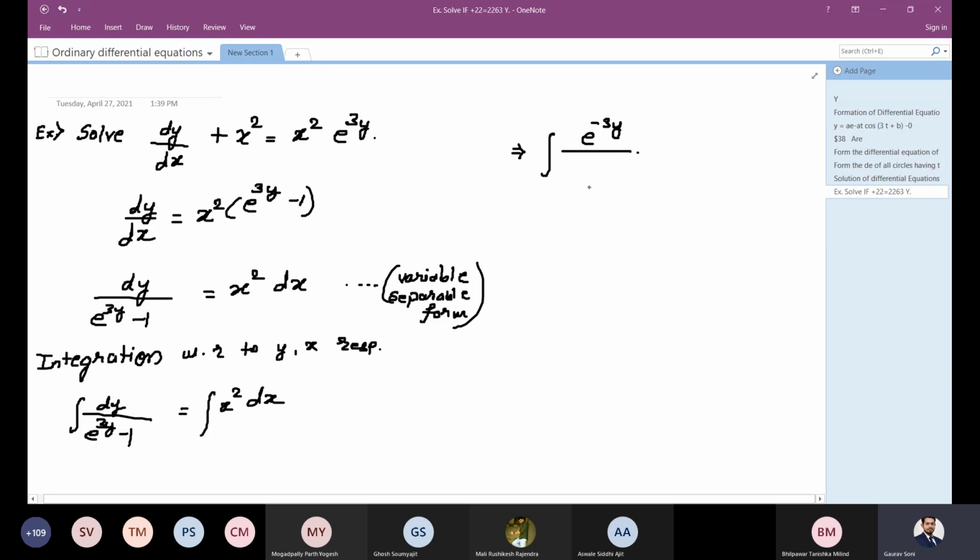Integration of e to the power minus 3y over 1 minus e to the power minus 3y dy is equal to integration of x square dx. What I have done is I took e to the power 3y common from the denominator, so that becomes 1 minus e to the power minus 3y, and that common part in the numerator is written as e to the power minus 3y.